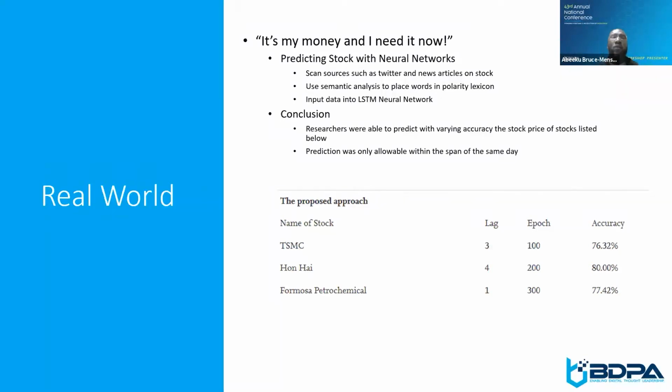They decided that they would try to predict stock prices with neural networks. As recently as January or so, a lot of people made a lot of money off of the fact that GameStop, AMC, and all these other companies made a push on Reddit for everybody to start buying stocks and holding them in these companies.